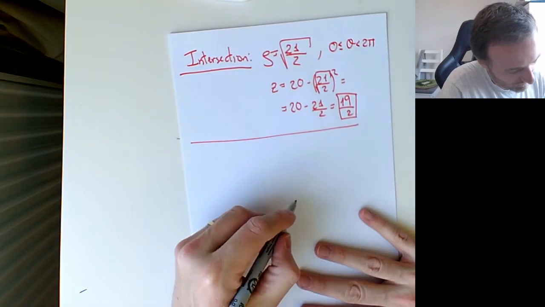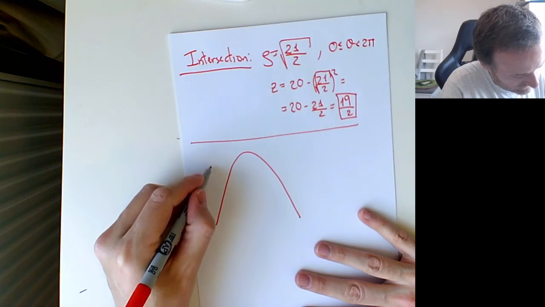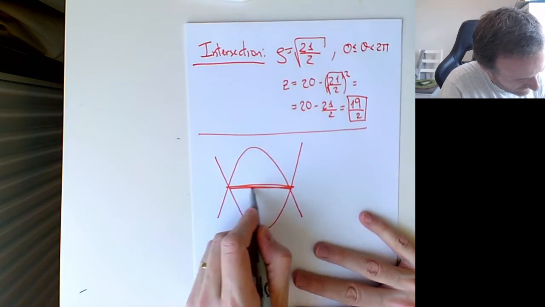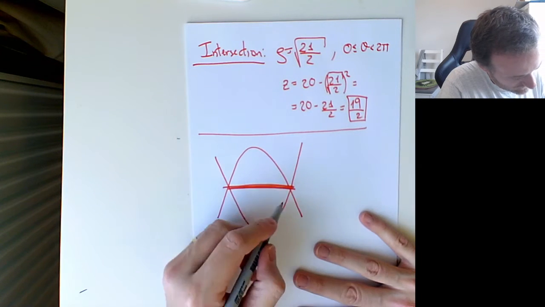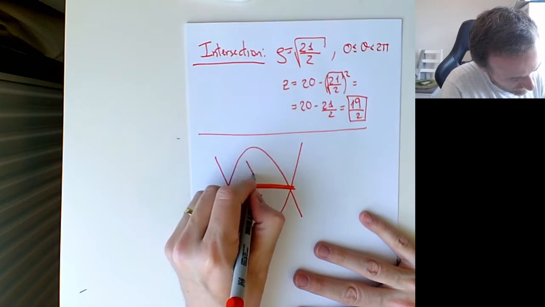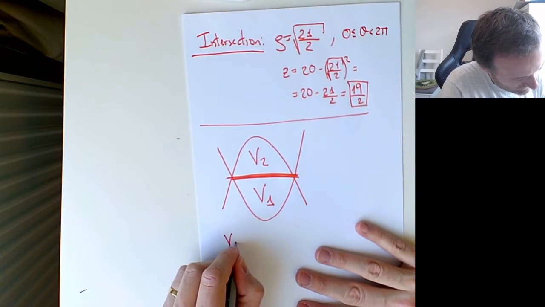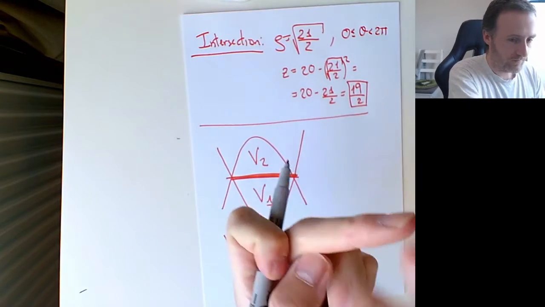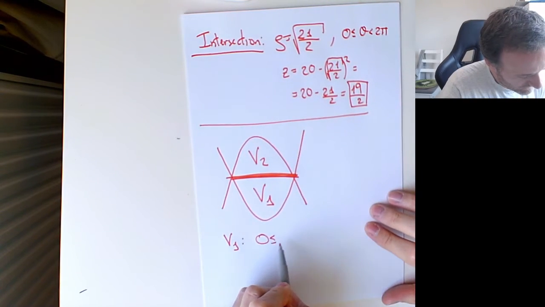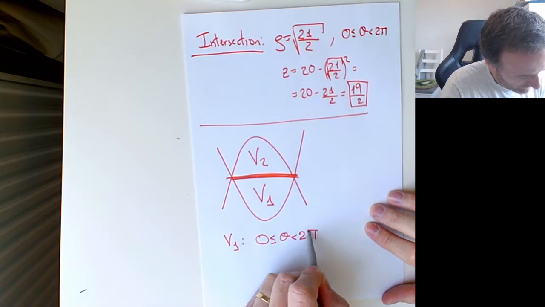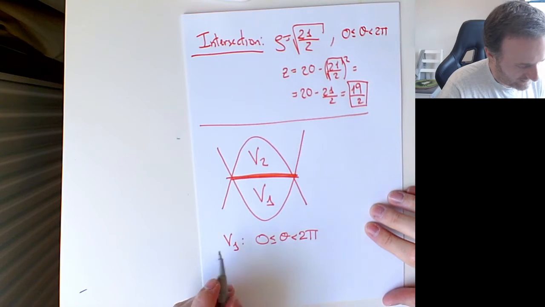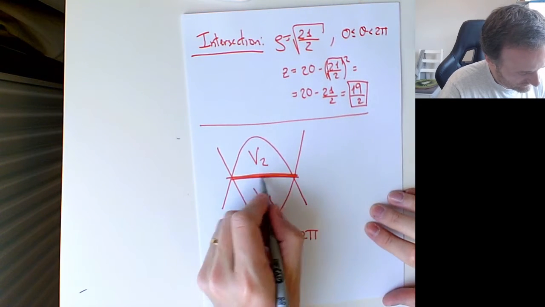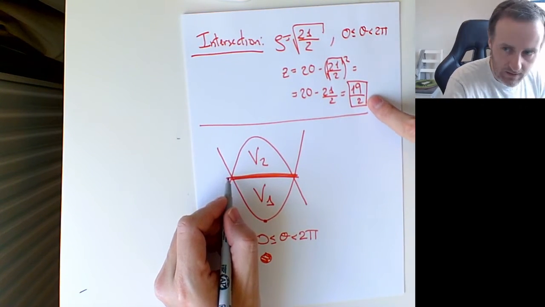Now, we have two paraboloids, and that's where they intersect. Then we will compute the first volume and the second volume. For volume 1, the region is: theta is between 0 and 2 pi, and z is between the tip and the plane at 19 halves.